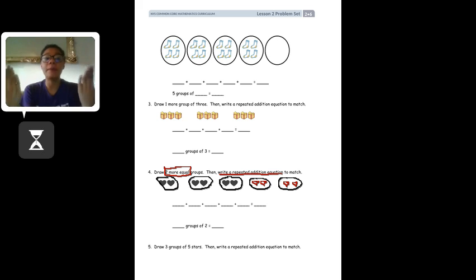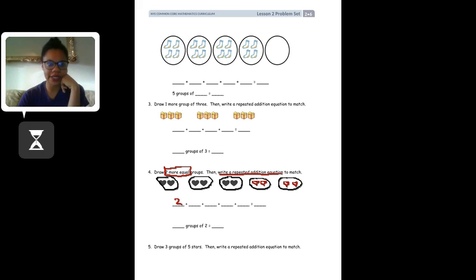So now that we drew our picture, now it's time to do my repeated addition equation. Let me grab my red pencil, and I already have it. Let's do our first group. In my first group, I have 2 hearts, so I'm going to write the number 2 in my first blank. Now let's look at our second group.